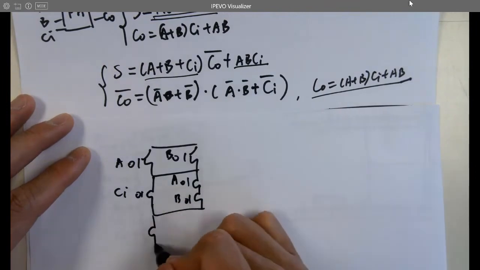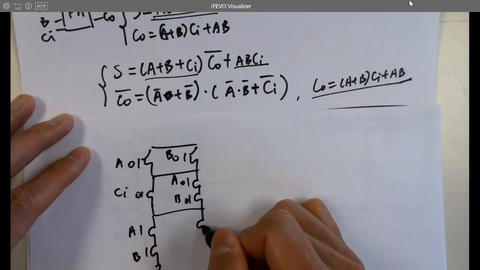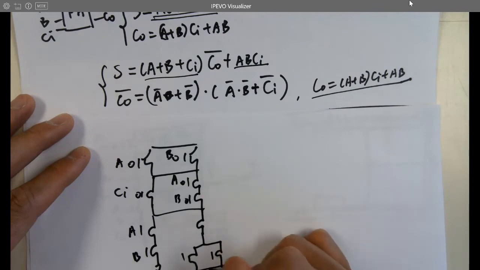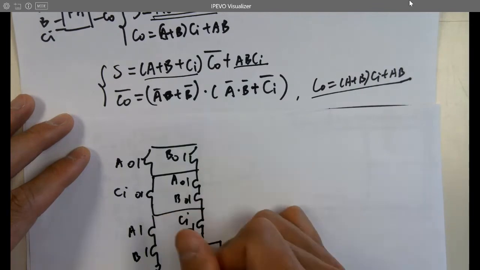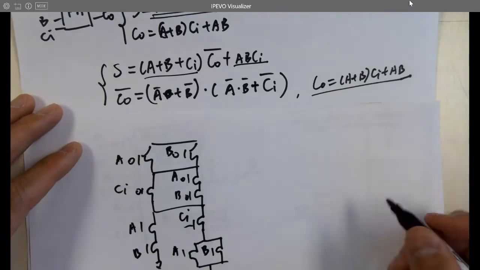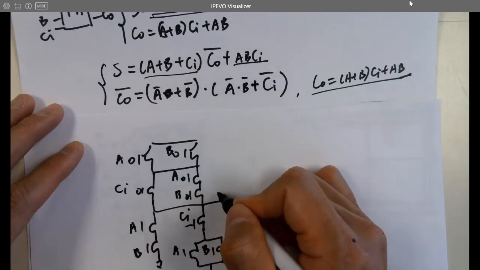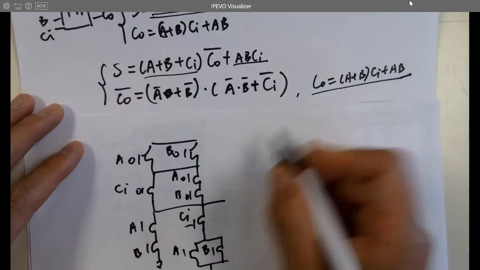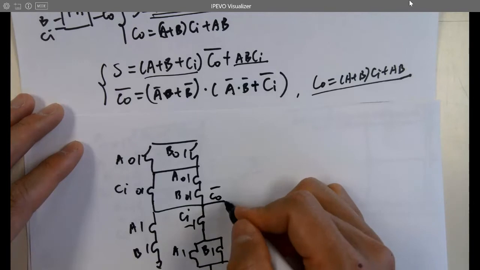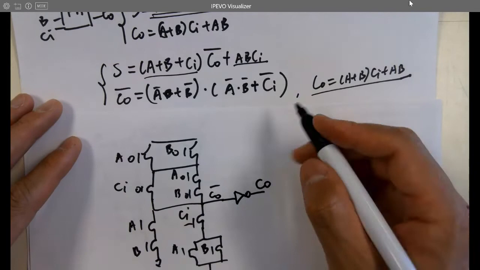And here it's going to be AB and CI. So this is what, CO or CO not? Wait, this is actually CO not, right? Oh, okay. Oh, yeah.